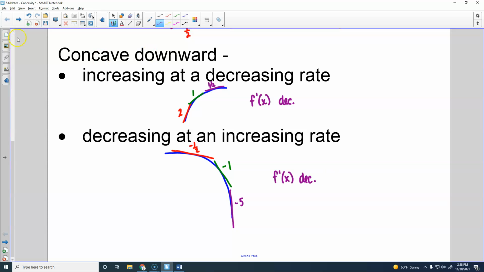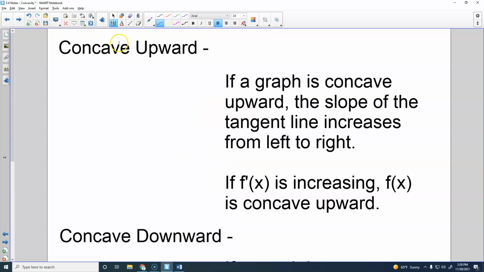All right, so for concave upward, if a graph is concave upward, the slope of the tangent line increases from left to right. The slope of the tangent line, that is f prime of x.